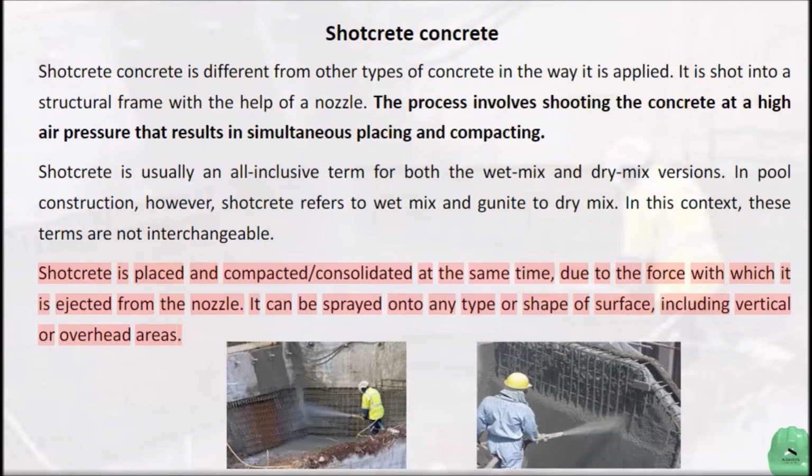Shotcrete is placed and consolidated at the same time, due to the force with which it is ejected from the nozzle. It can be sprayed onto any type or shape of surface, including vertical or overhead areas.